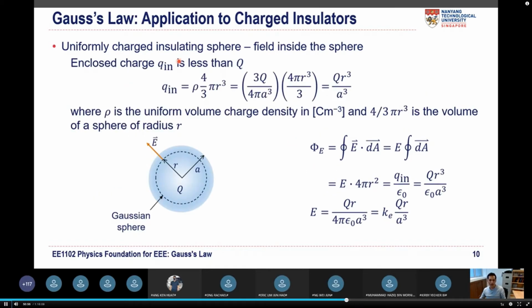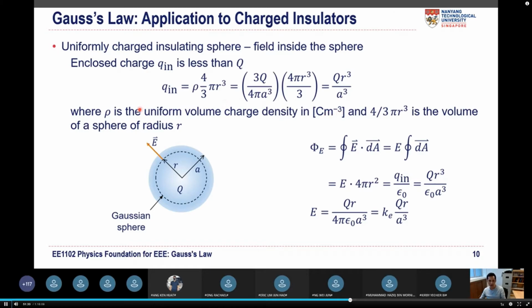We can also try to calculate how the field is going to be inside the sphere. Okay. So if we know that the sphere has uniform charge distribution, then we can calculate the uniform volume charge density rho, which is given in units of coulombs per cubic meter.